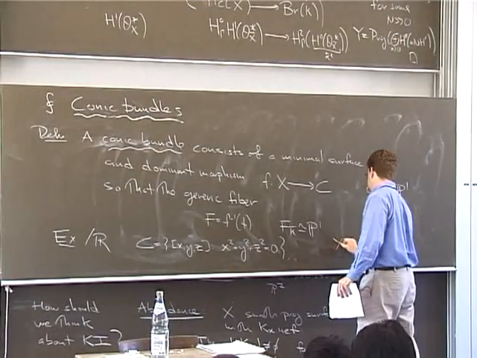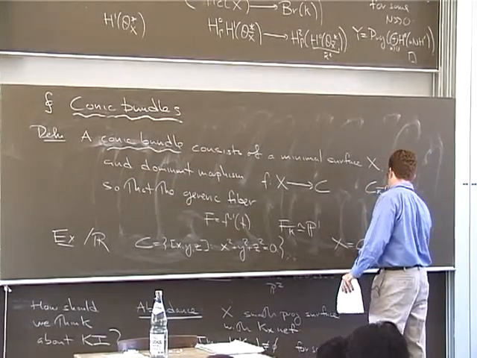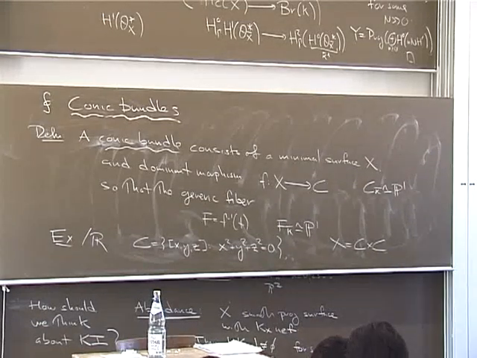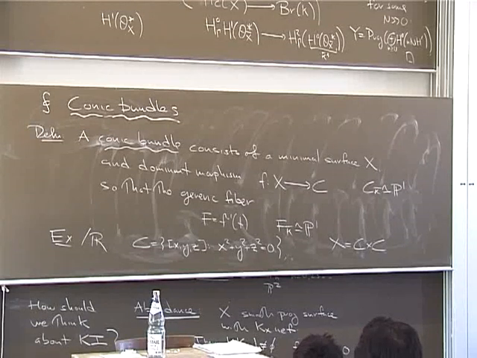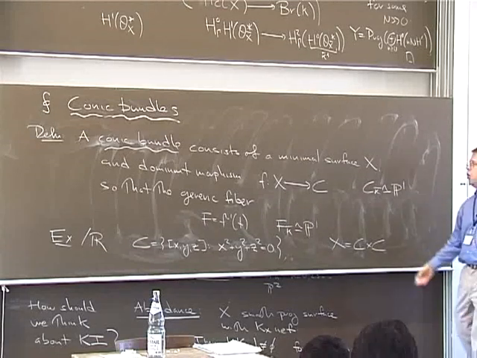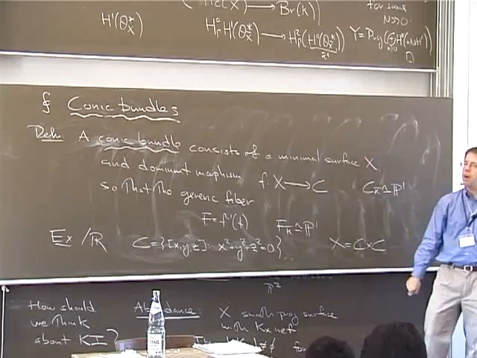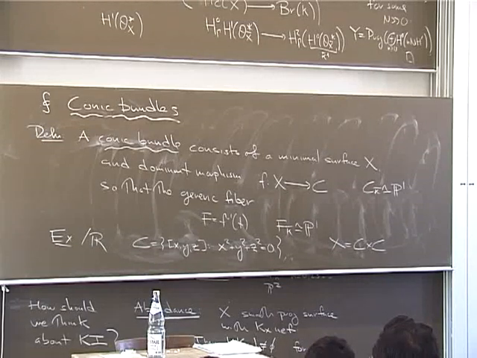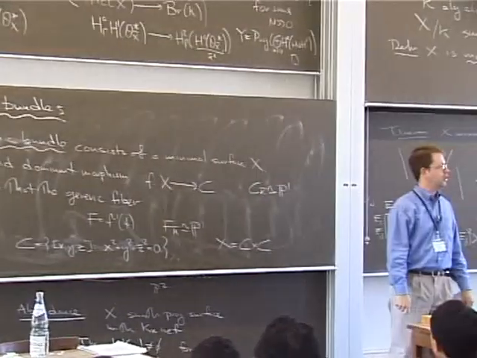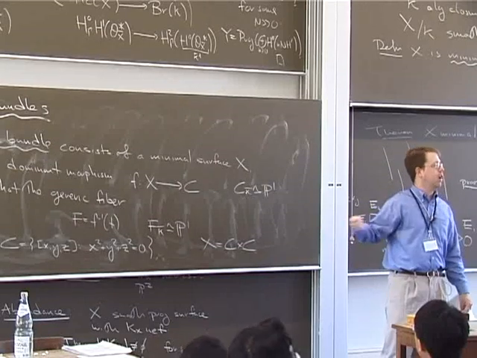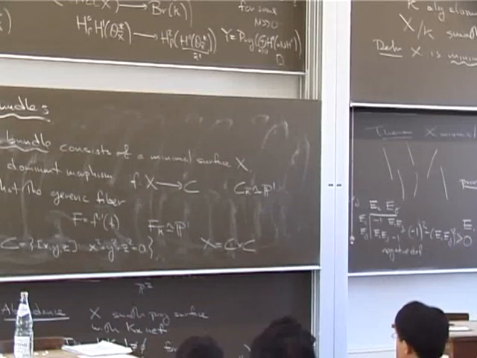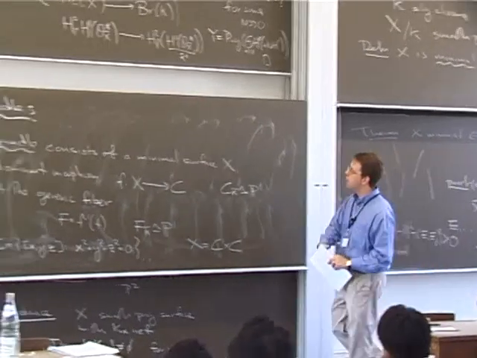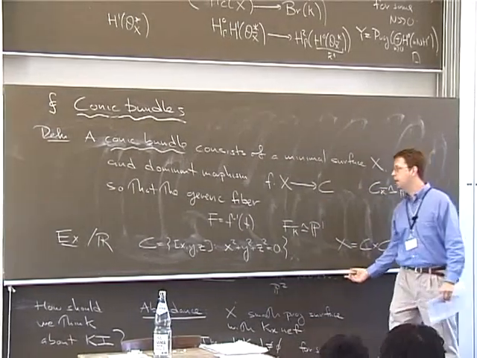And I could take X as C cross C. So non-closed fields, you have lots of weird stuff going on like this. So this is an example of a conic bundle. And whatever else we do, we don't want to have to classify conics here. That's Andrew Kresch's domain. So we're not going to try to analyze what all the possible conics are. We're going to assume that someone else knows how to analyze that stuff. And we're just going to express our geometric results in terms of these conics.